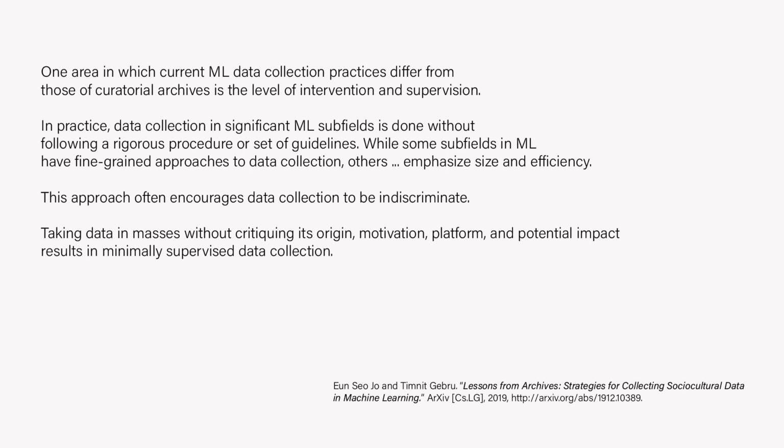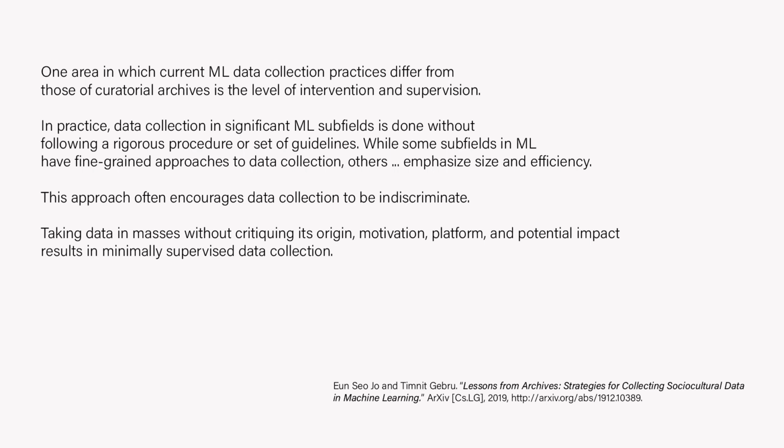In 2019, Eun Seo Jo and Timnit Gebru wrote a paper called Lessons from Archives, Strategies for Collecting Socio-Cultural Data in Machine Learning. And they noted that, to quote, one area in which current ML data collection practices differ from those of curatorial archives is the level of intervention and supervision. In practice, data collection in significant ML subfields is done without following a rigorous procedure or set of guidelines.